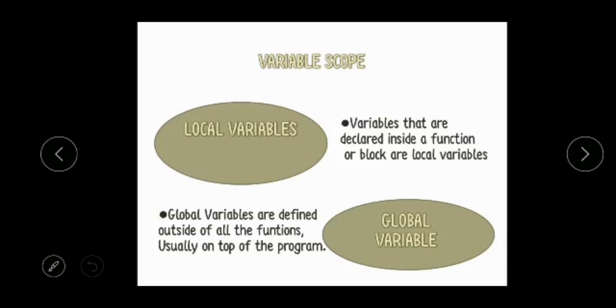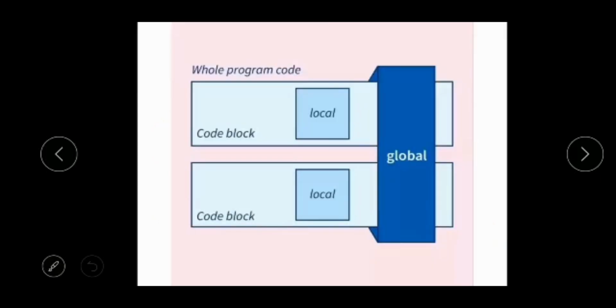Next is global variables. Global variables are defined outside of all the functions, usually on top of the program. The global variables will hold their value throughout the lifetime of your program, and a global variable is available for use throughout your entire program after its declaration. So for global variables, anything outside of all functions can access them.